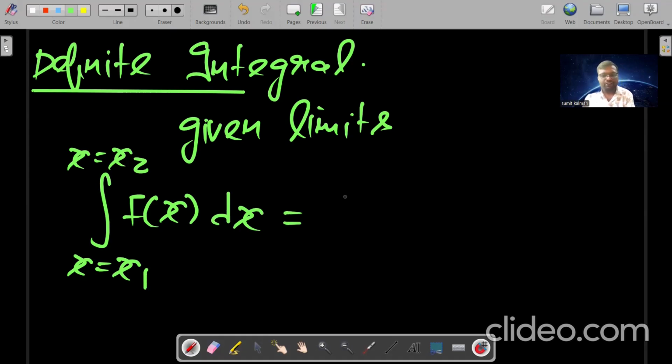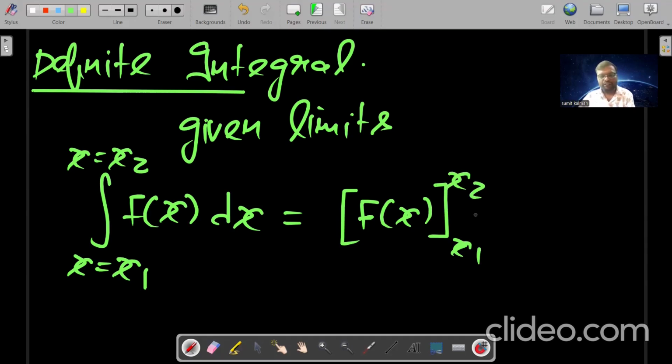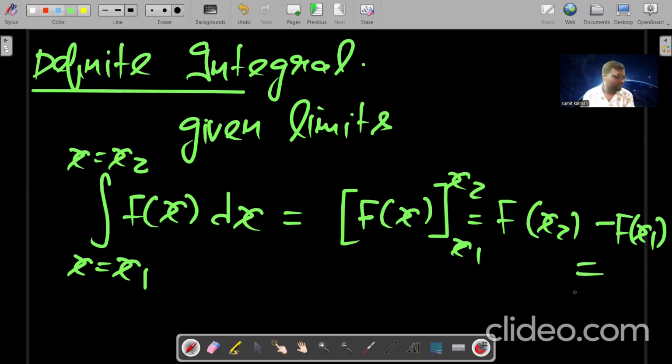So here, students, if the integration of fx is capital Fx, and the limits are x1 and x2, it will be equal to F at upper limit x is equal to x2 minus F at x is equal to x1. Upper limit minus lower limit.